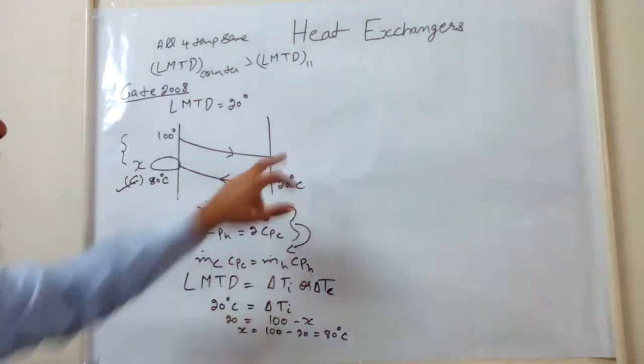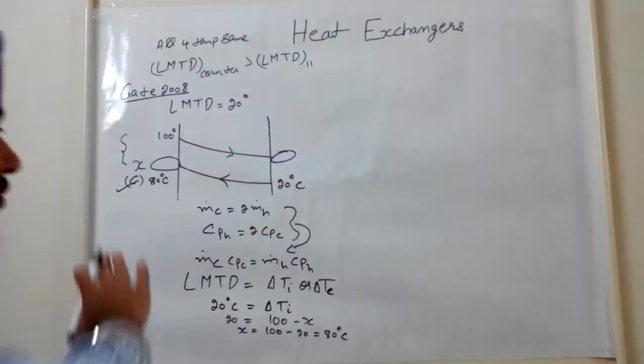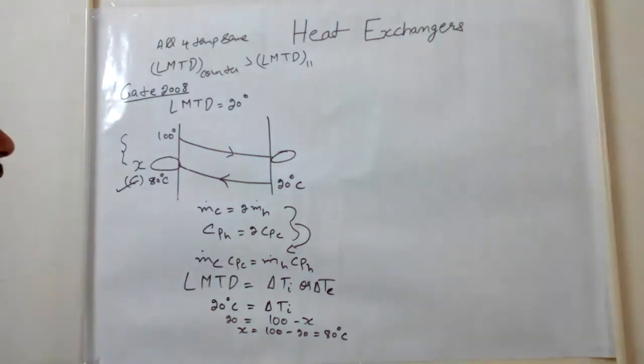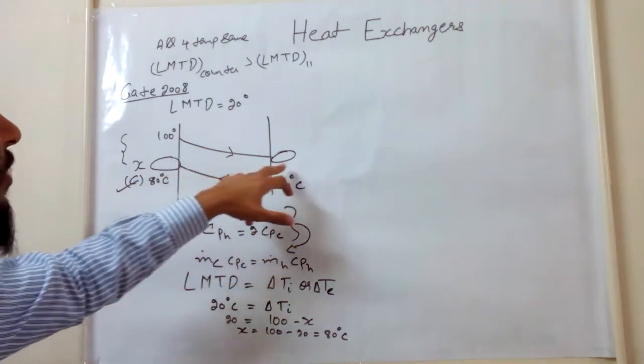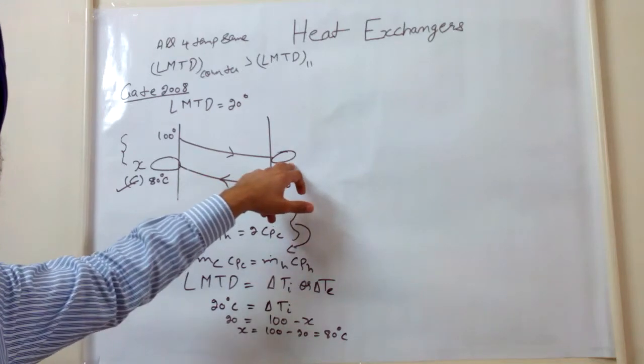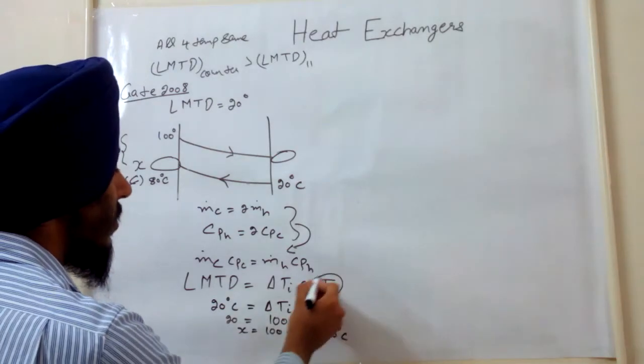In this case, this temperature is not known. The question is over there. This I am elaborating from my side. We have not been given the exit temperature of hot fluid. Let us calculate that by using this.